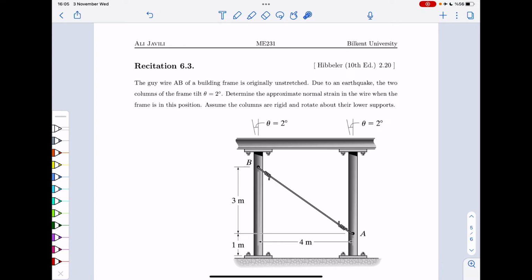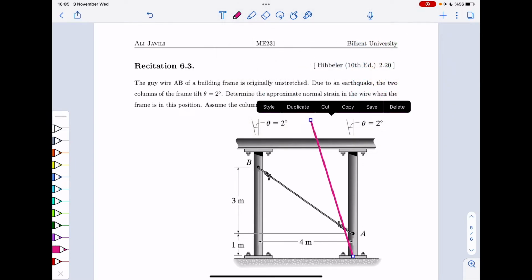We have a wire here connecting these two straight columns, and then after an earthquake, there is a 2-degree angle between the tilted structure and, let's say, the straight structure. So what happens is basically that, if I draw it, you have an earthquake, and then this column B would become this.